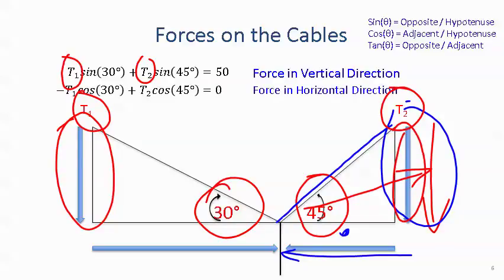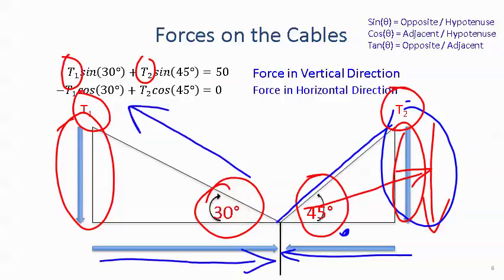In the horizontal direction, since the tension is pulling outward, the force is pulling inward, and that's at the negative sign, and that's the cosine of 30 degrees for the adjacent angle. And then the second tension, tension 2, and the cosine of 45 degrees pulling in.